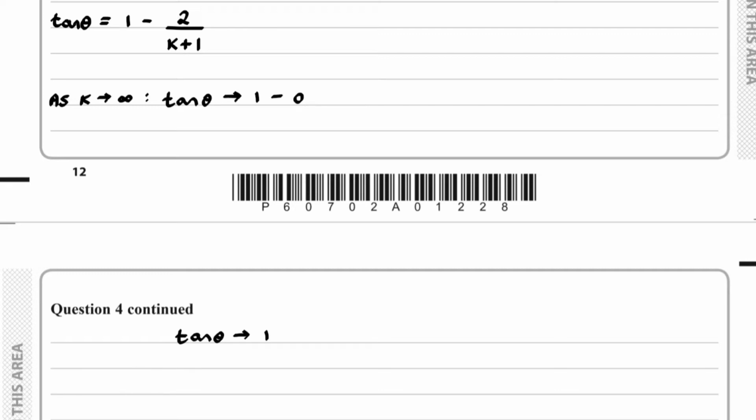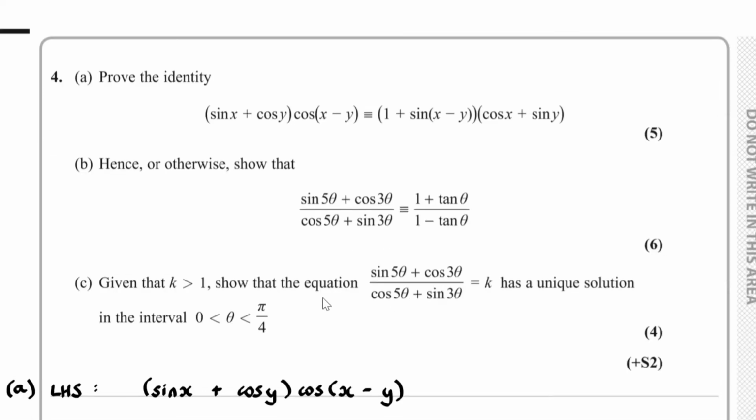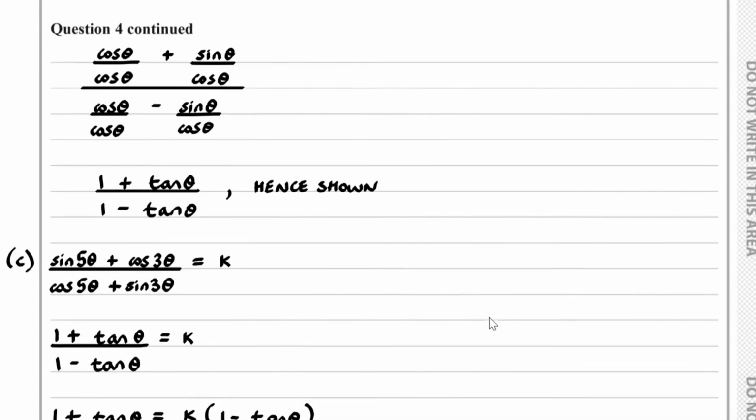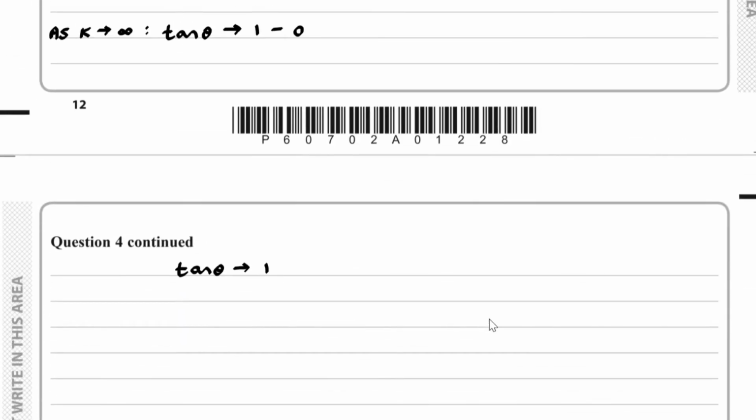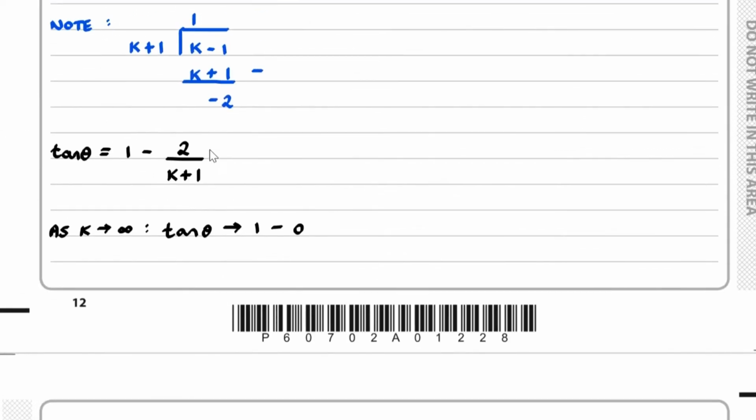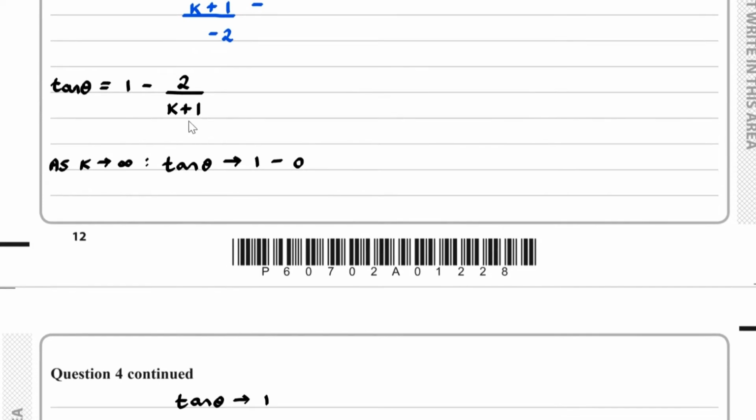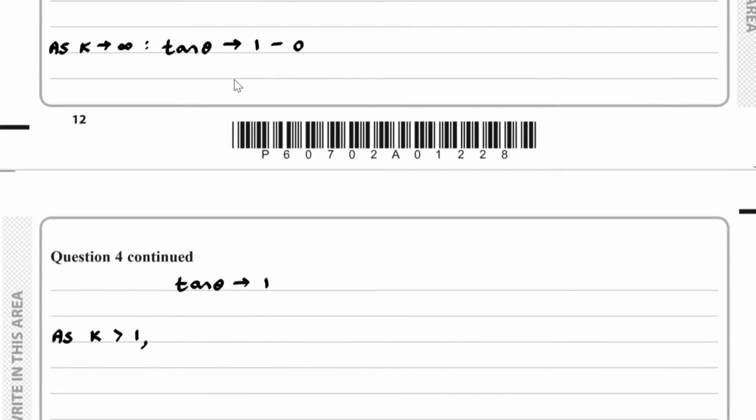And now, if we go back to the information given in the question, we are given that k is greater than 1. So, because k is greater than 1, then here we've got the k plus 1, which will be greater than 2.